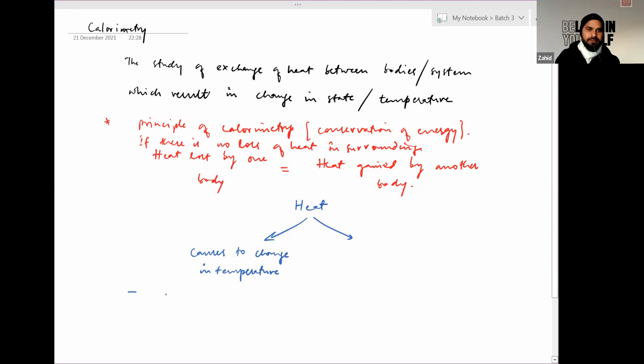First is heat capacity. Next is specific heat capacity. And molar specific heat capacity.